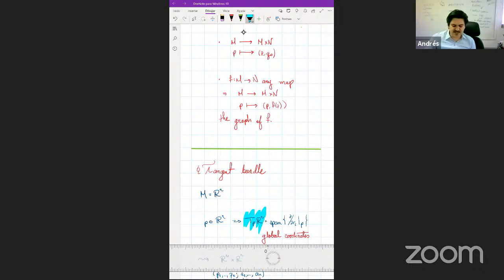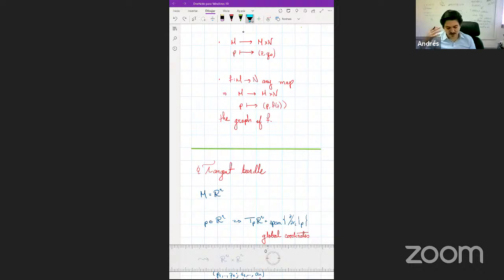And in this case, in Rn, we have global coordinates, and we know very well how to describe the tangent space. If I'm not in Rn, but I'm in a manifold and a chart, we have also seen how to describe this in terms of the chart.